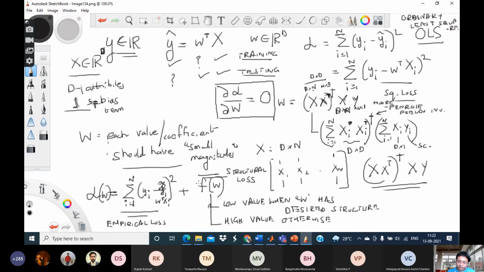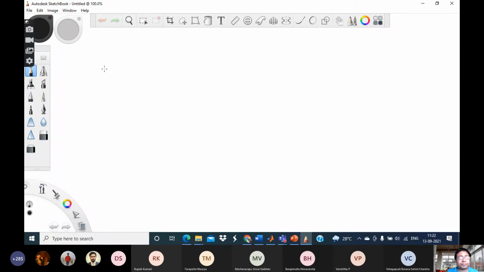For whatever structure I desire on this W, I will have to choose a function accordingly such that this criterion is satisfied. Now finding that function may be difficult, but let's make a try. First of all, before going into the desired structure which we mentioned, let us go to a much simpler structure.